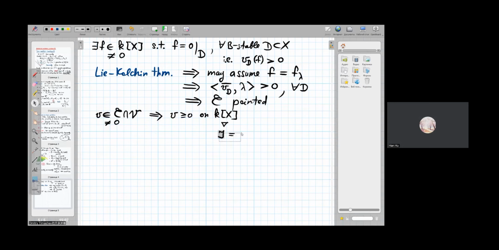Let script I be the set of all functions regular on X on which V takes strictly positive value. And it is easy to see that it is a G-stable prime ideal.